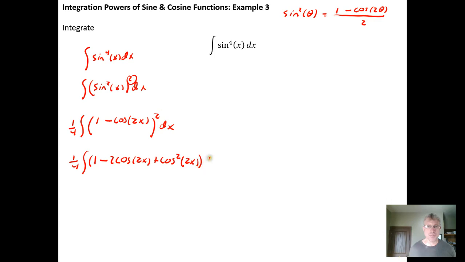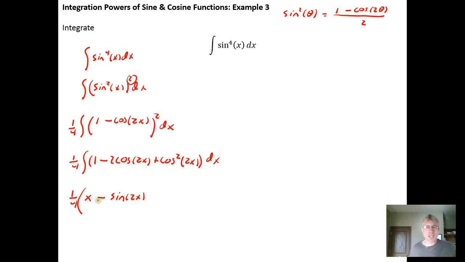And this is all dx. And when we look at this, we have a quarter of some stuff. We know how to integrate a 1. The antiderivative of 1 is just x. Minus, we know how to integrate 2 times the cosine of twice x. This is just going to be the sine of twice x.